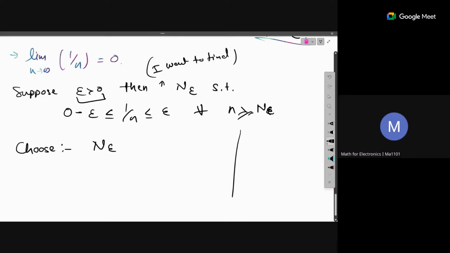Here you observe that I want 1 by n less than or equal to epsilon, so that means 1 by epsilon is greater than or equal to n.